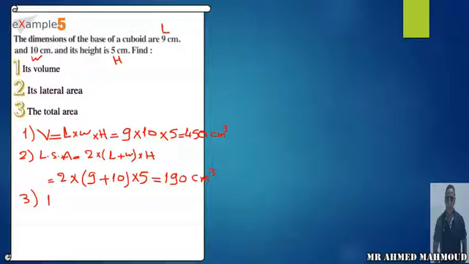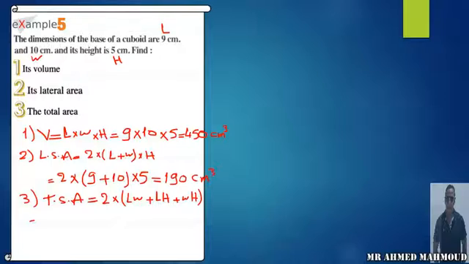Number 3, the TSA equals 2 times open brackets length width plus length height plus width height.